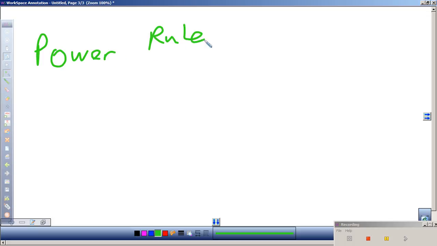Now, we've got some rules. Some of the simple rules of how to do derivatives. First one, probably the one you're going to use the most, is known as the power rule.